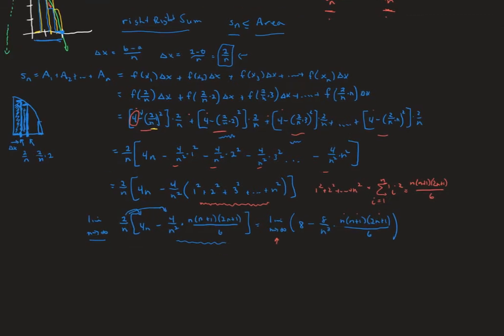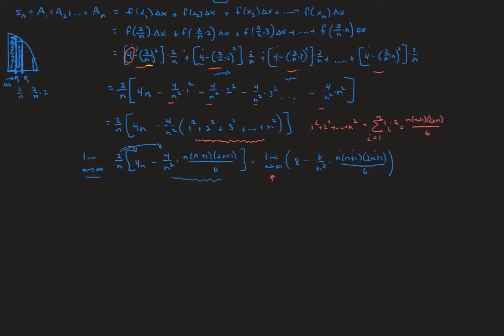If we were to multiply all of that out, which I have no intention of doing, there would be a term that has an n cubed in it, some n squared, some n, and some constant. But all that's going to matter, once n goes to infinity, is that highest power of n and its coefficient. So see if you can figure out what that's going to give us. The 8 is still 8.